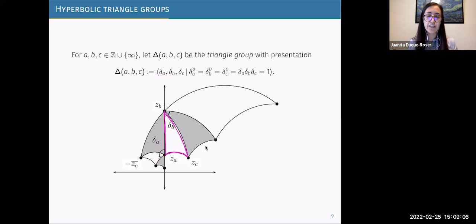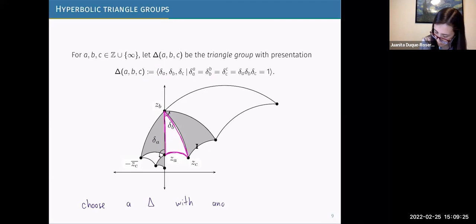So it's nothing weird, although the definition is kind of weird once you first see it. And how do you do this? We are choosing a triangle with angles pi over a, pi over b, and pi over c. That's how the a, b, c are related to the triangle group.